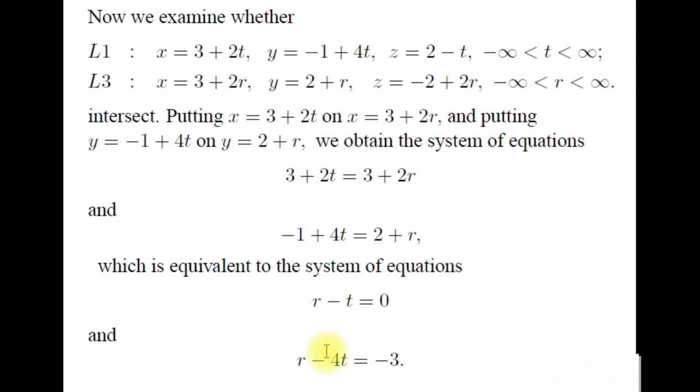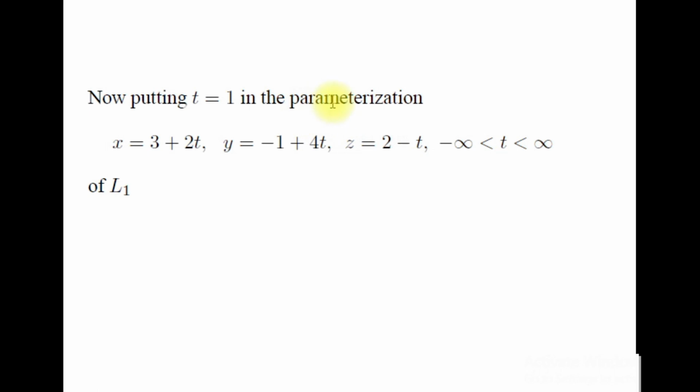From this r = t, and substituting this we get r = 1 and t = 1. Now putting t = 1 in the parameterization of L1, we get x = 5, y = 3, z = 1, so we get the triplet (5, 3, 1).